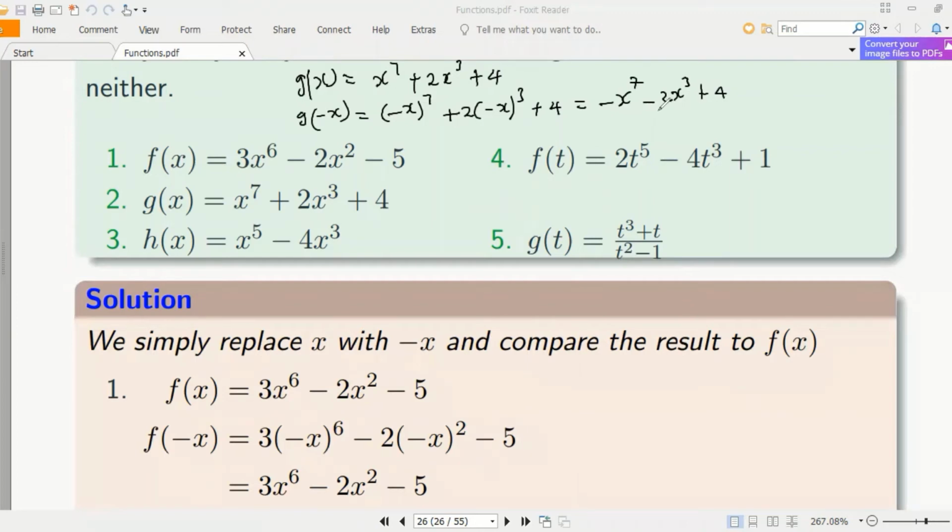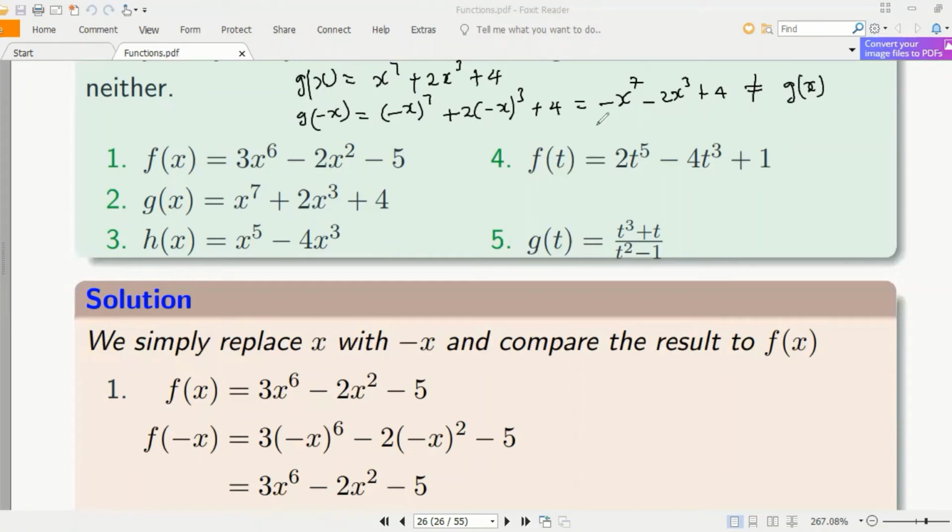Now, even if you are to try to factorize this and put a negative outside, just before that, the result that I've just obtained is not the same as g of x, because g of x was positive everywhere.